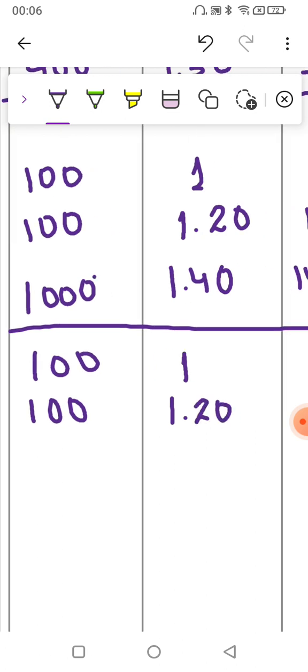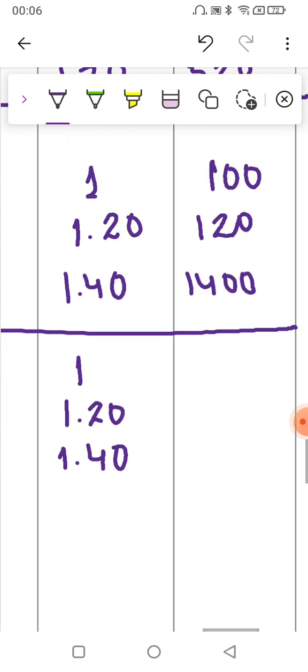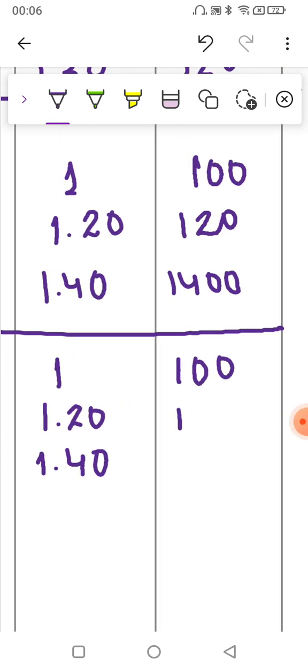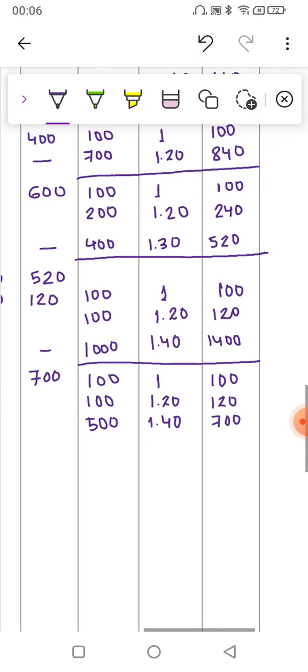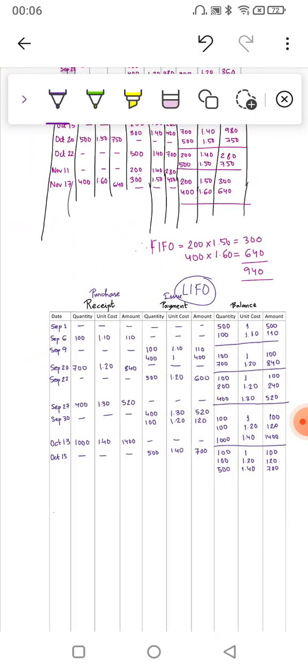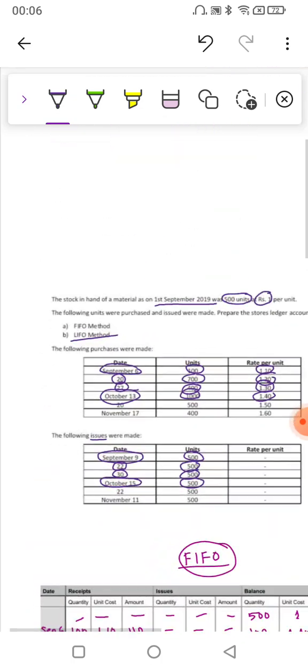But the 1000 stock will now be recorded as 500 for 1.40. Once we do it, we will get 100 into 100, 1.20 into 100, 120, and this will be 700.